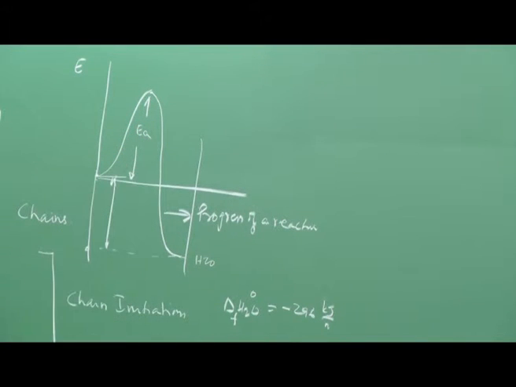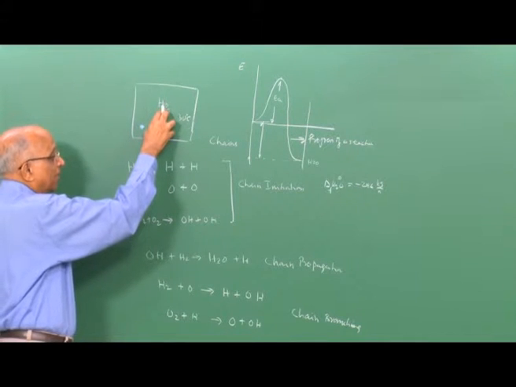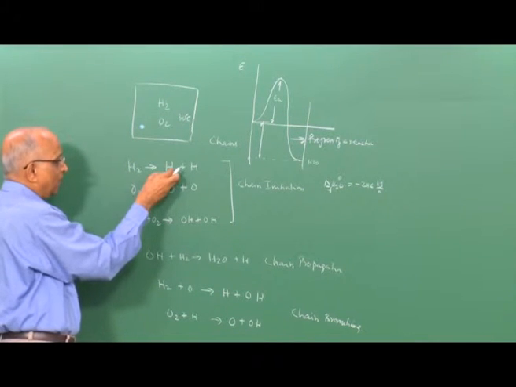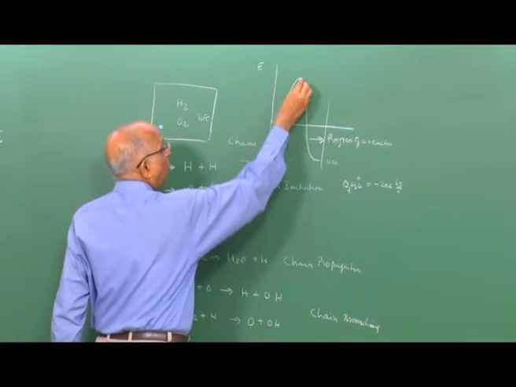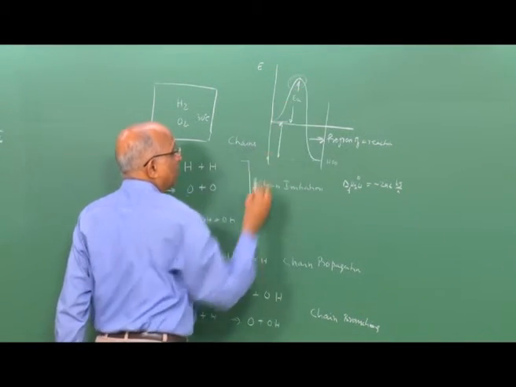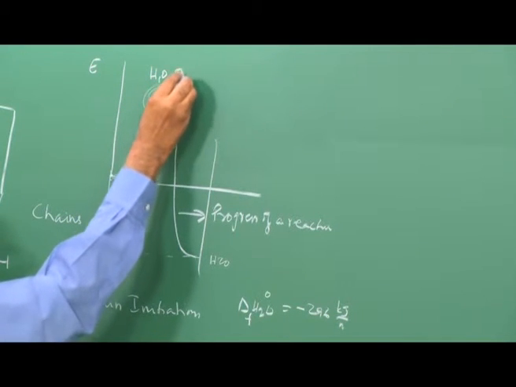Therefore, what did activation energy do? When we want to activate a radical or a reaction, we are essentially forming these chain carriers, and I form all these chains which are in the transient state over here. That means I form H, I form O, I form OH.